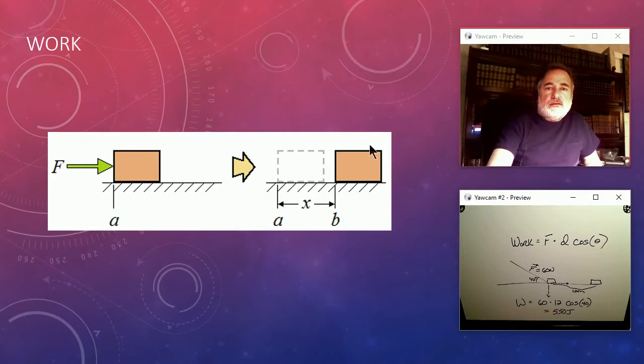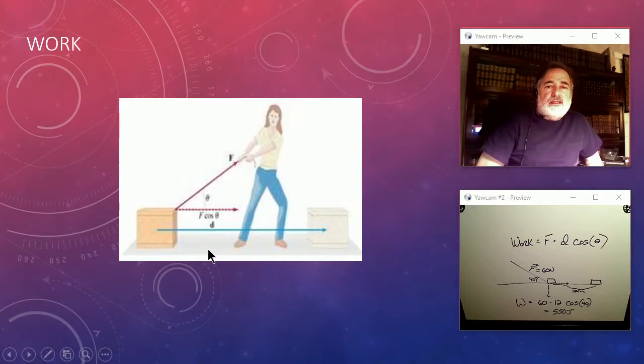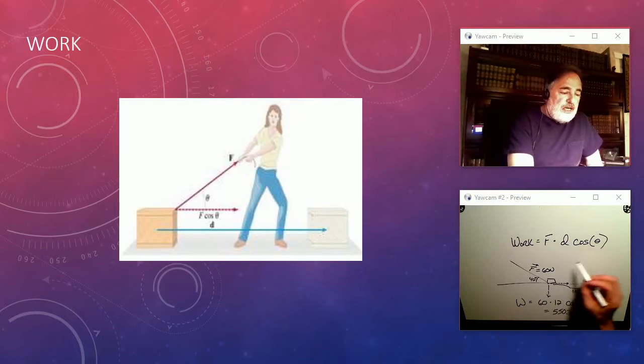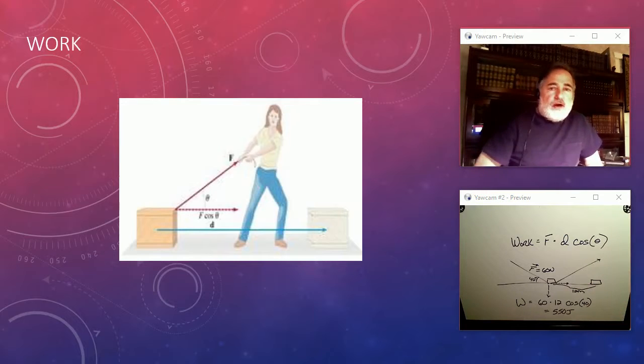Now, as you see here, we're moving a distance from A to B with a force. I could, instead of pushing, actually be pulling on this as well. And again, it's force times cosine of the angle, the force necessary to move that block.